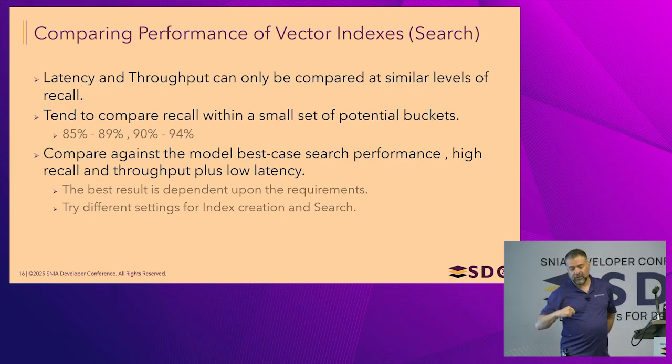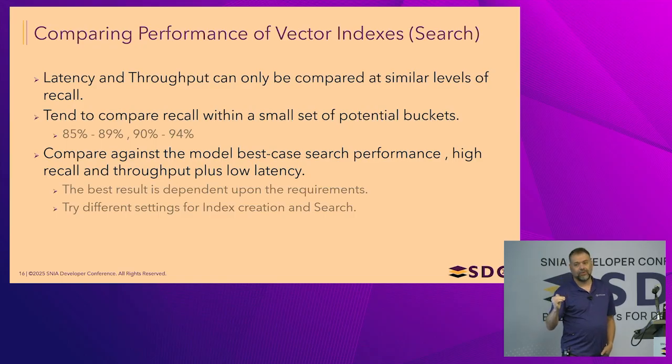When we get to comparing vector databases, or vector indexes in this case, where we are doing a search using that index, we need to know the recall. So we create buckets of recall, like 80%, 90%, 95%. Think about the storage world, the percentiles: the 95th percentile, the 90th percentile. So where you want your recall to be, and then you compare latency and throughput.